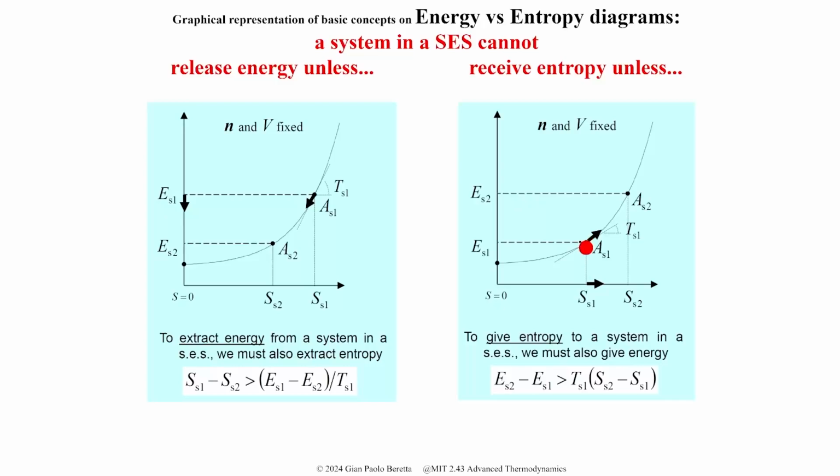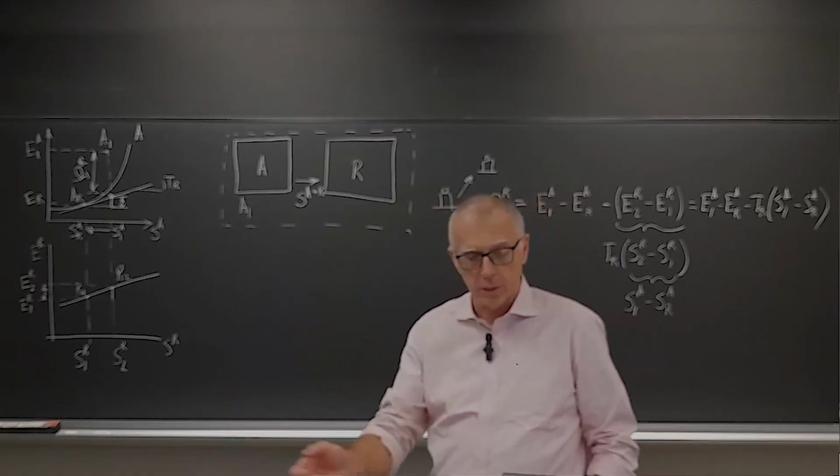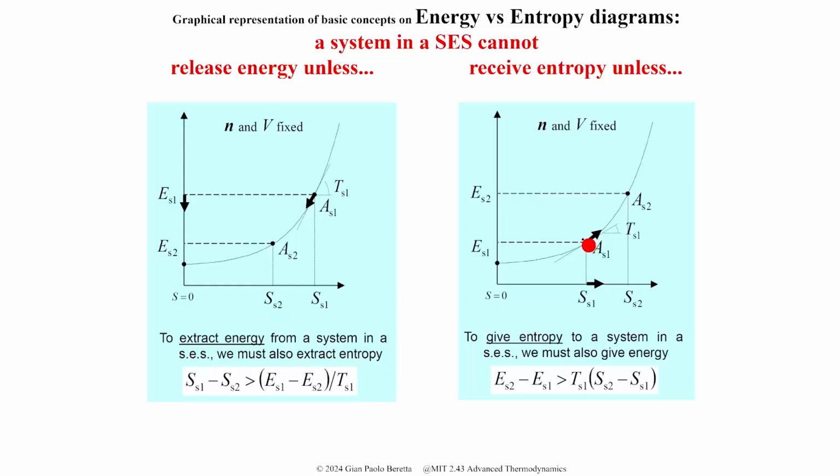Okay, so it's like you use the environment as an entropy sink, but the environment has its own needs. It does not take entropy for free. It takes entropy only if you give it also enough energy so that it can climb in the stable equilibrium state curve. Okay.